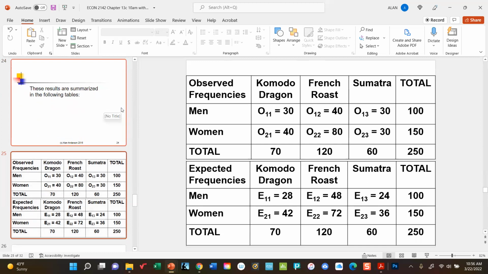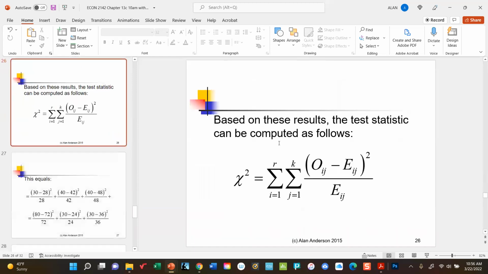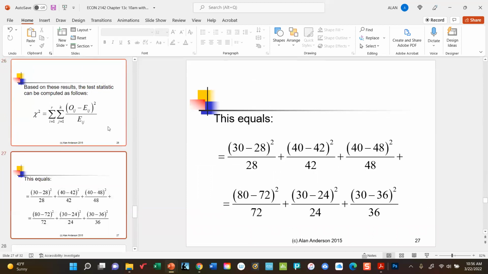So now we have to fill them into the terrifying test statistic. Well, what happens if we do that? There it is. So here's what you have to do. Look at it. Look how many of them there are. What do they represent?